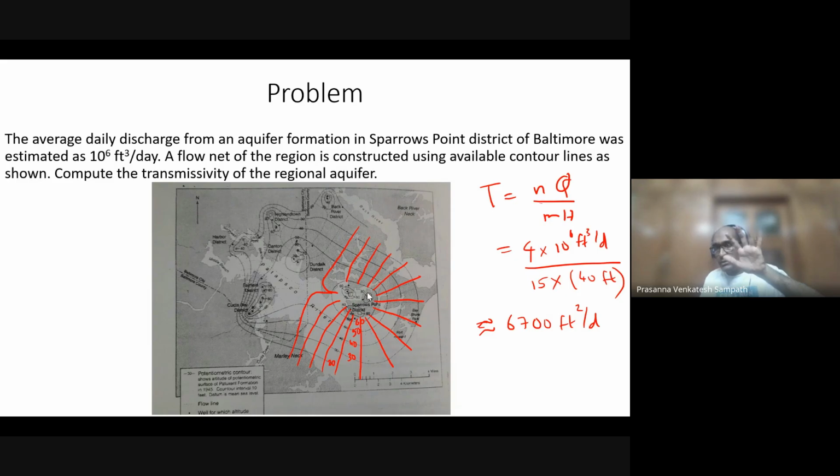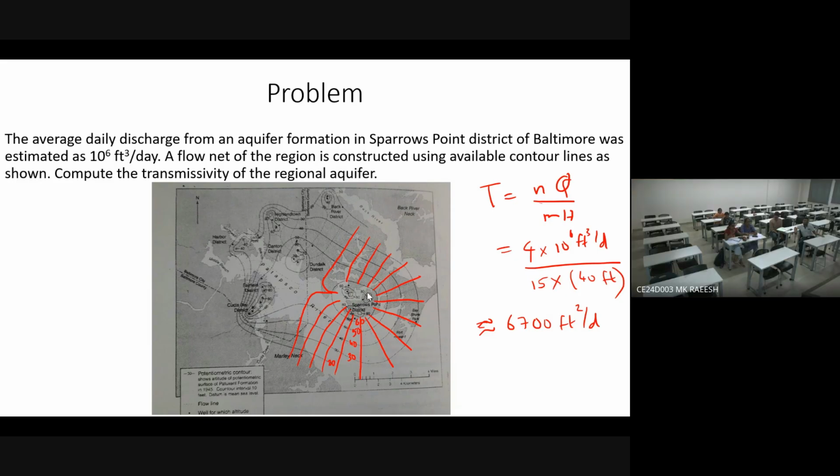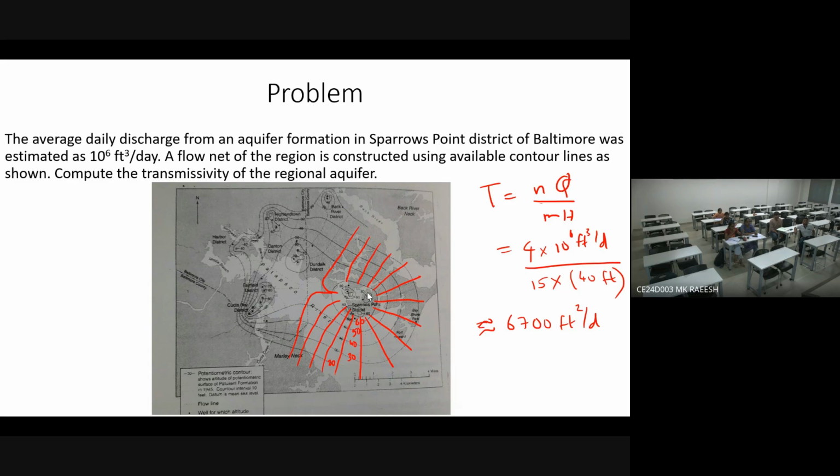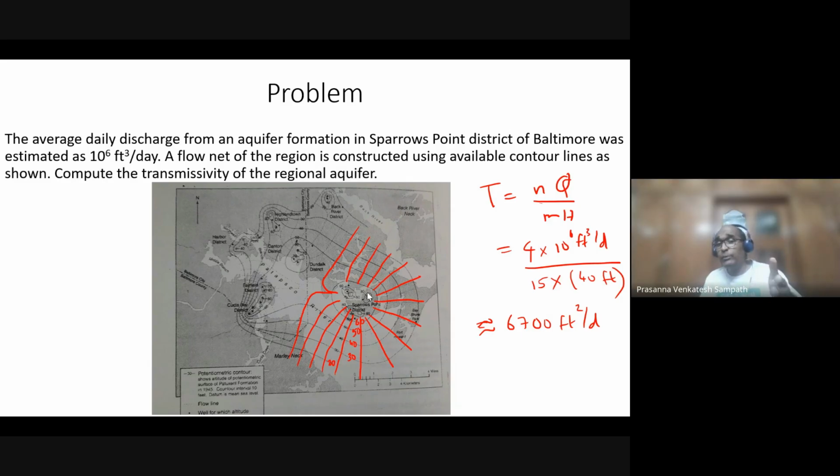Flow lines that we drew, we made them roughly. So how do we know exactly how many there will be? No, it doesn't have to be precise. If I draw them closer to each other, then it won't be a square flow net, more or less.